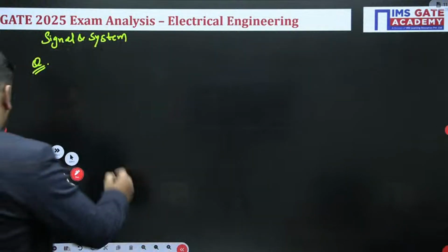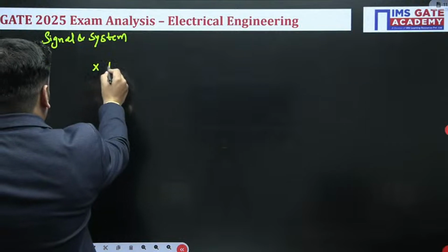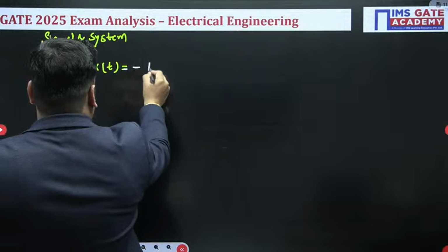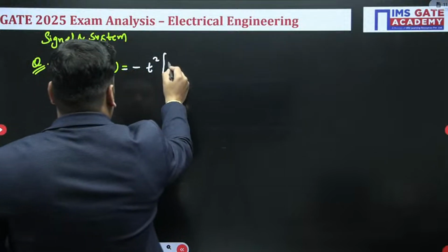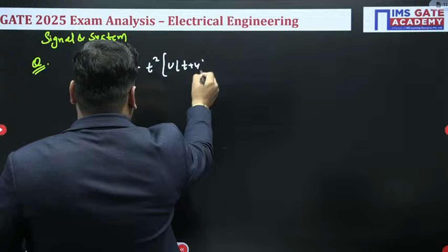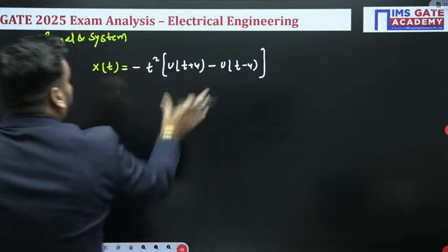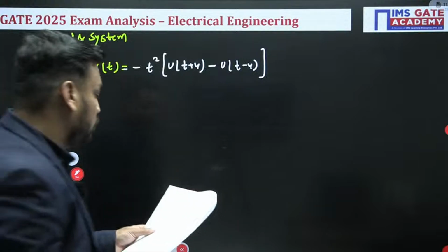Okay. So chaliye, now the question is, the examiner is asking, guys, x of t value is given to you. What is the x of t value? Minus t square whole bracket, u of t plus 4 minus u of t minus 4. By observing this only, you will get the limit from minus 4 to plus 4.